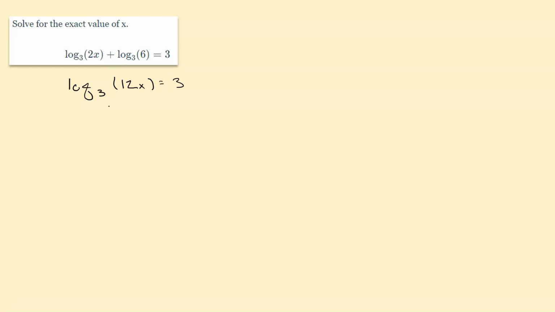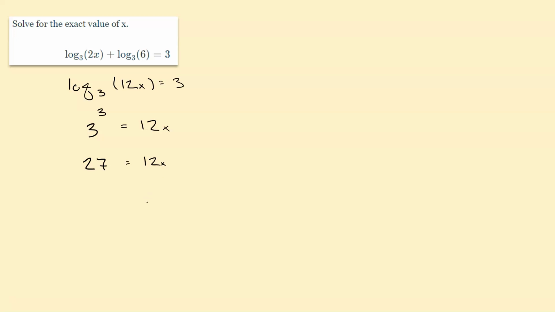And then now we can rewrite this in exponential form. So the base 3 to the third power equals the argument 12x. So what is 3 to the third power? We can simplify that. 27 equals 12x.